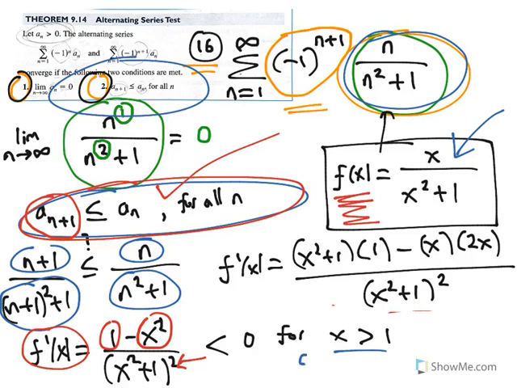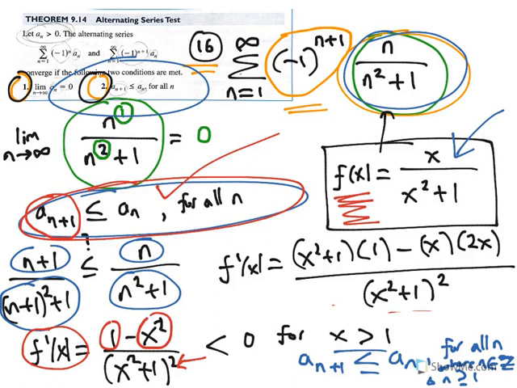So we have that a sub n plus 1 must be less than or equal to a sub n for all n, where n is an integer greater than or equal to 1.